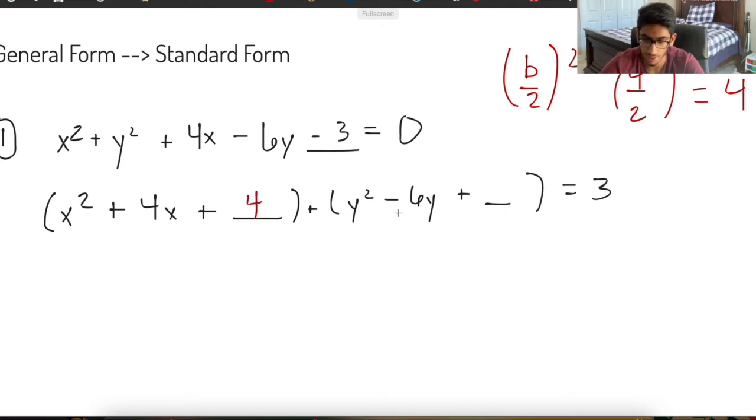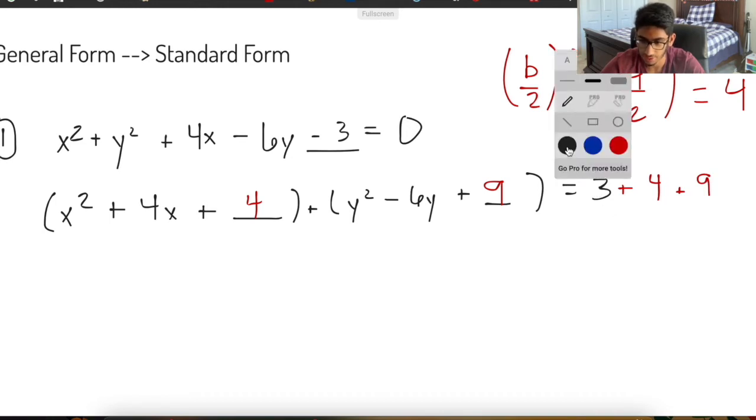So we have 4 here, and we do the same thing for the other set. -6 divided by 2 is -3, and -3 squared is 9. The numbers we found for the blanks, we also want to add to the constant side. So 3 plus 4 and 3 plus 9, which is all equal to 16. So we can rewrite this whole side as 16.